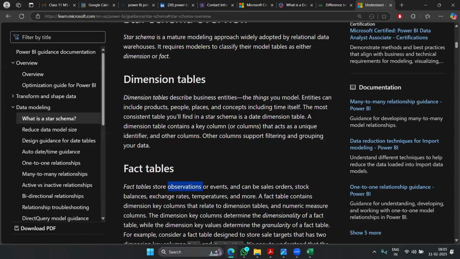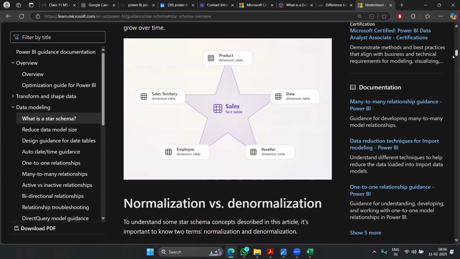A fact table stores observations or events. That means an event means a transaction has happened. That is an event. A purchase has been done, that is an event. Or we are capturing temperatures, that is an observation. Right? A fact table contains dimension key columns that relate to dimension tables, and numeric measure columns. Right? And since this particular relation looks like a star, we call it a star schema.